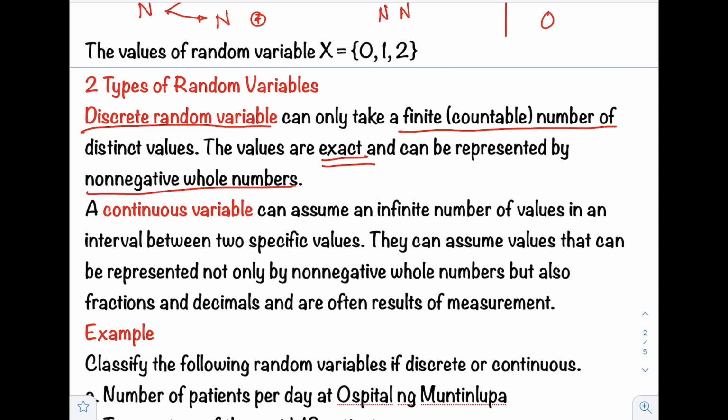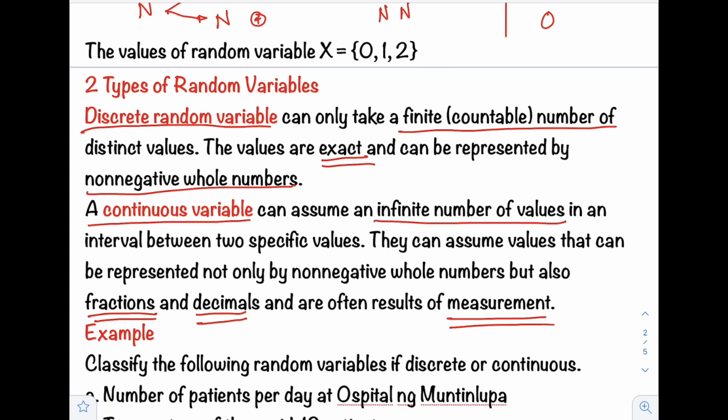Okay? Or binibilang. While in a continuous variable, it can assume an infinite number of values in an interval between two specific values. So they can assume values that can be represented not only by non-negative whole numbers, but also fractions and decimals, and are often results of measurement.